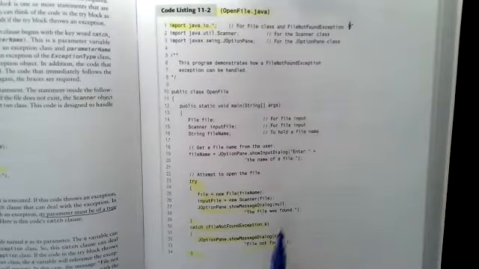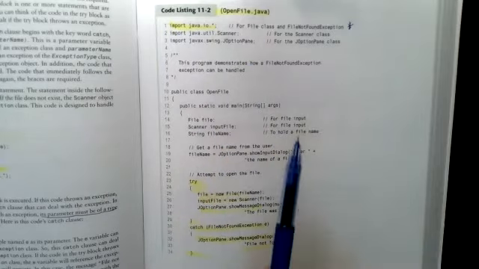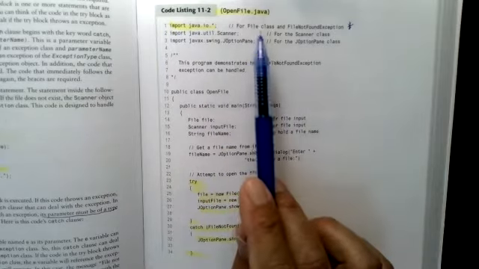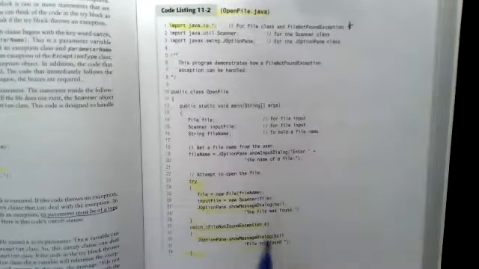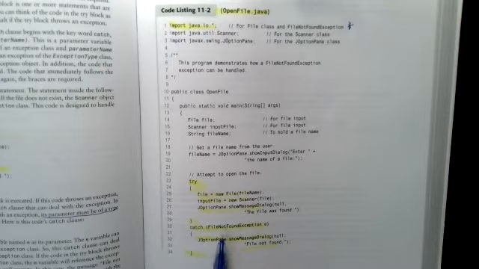Code listing 11.2 takes a look at, we've got the Java IO, and for the file not found exception, I come in, I try, and now if a certain error is generated, and there could be different errors generated, and it happens to be a file not found exception, normally our program would just crash.